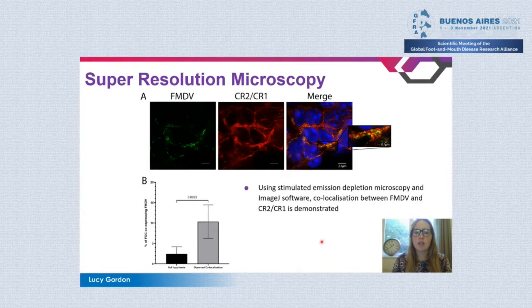Further investigation using super-resolution microscopy showed significant co-localization of FMDV antigen with complement receptor positive FDCs in the spleen. And then the ImageJ software confirmed a highly significant and preferential association of the FMDV antigen with complement receptors 1 and 2 on FDCs when compared to the null hypothesis that the pixels were randomly distributed.